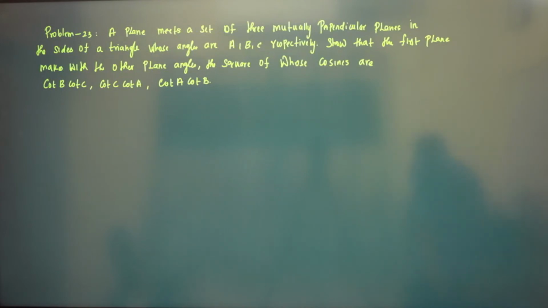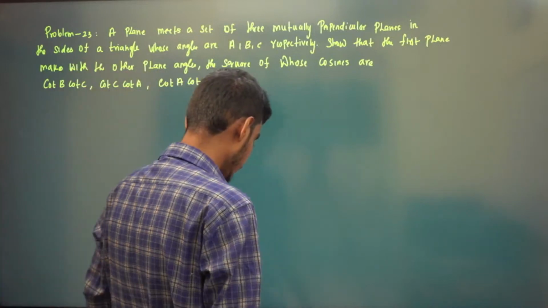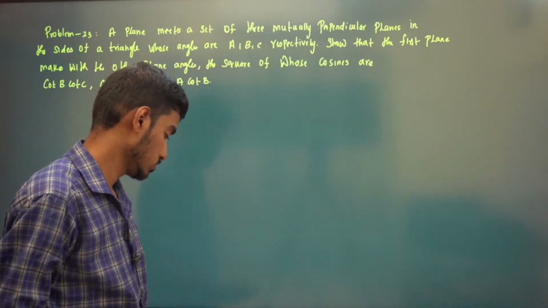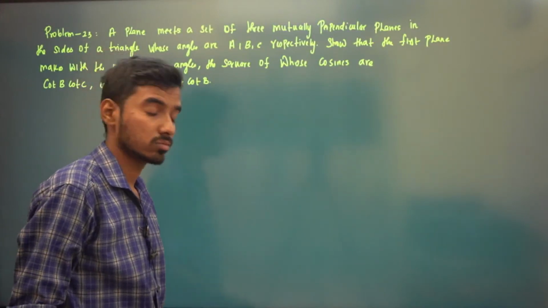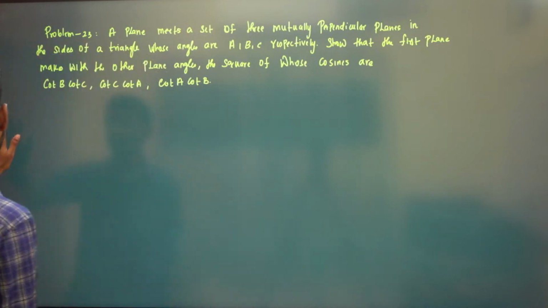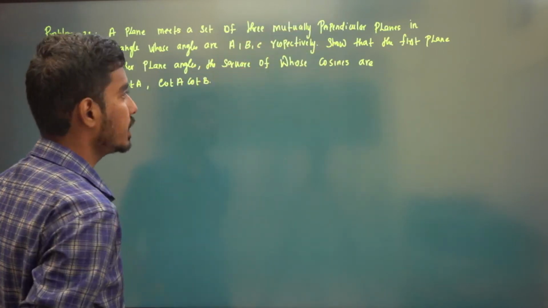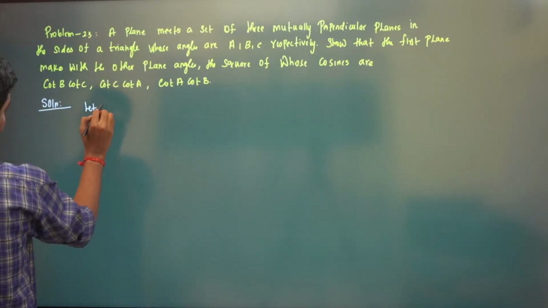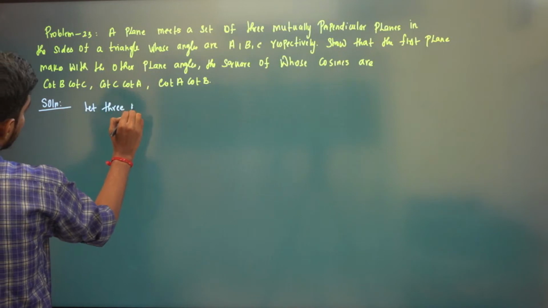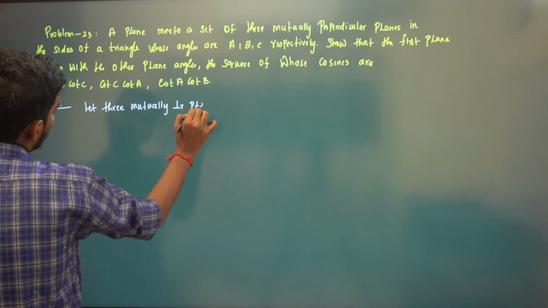But if you make a diagrammatic representation, then this will be very easy. So we have a plane that meets a set of three mutually perpendicular planes.